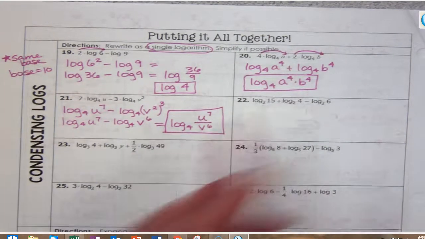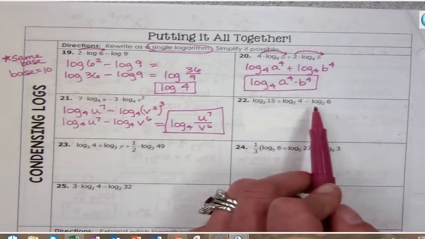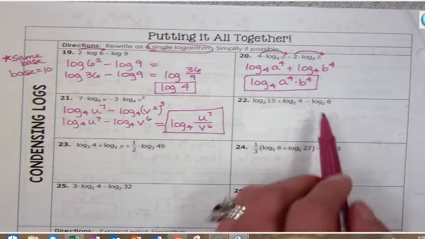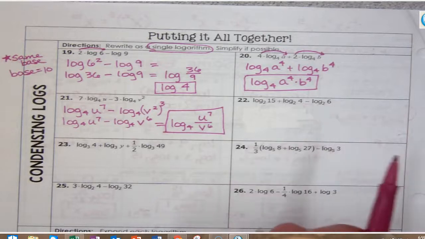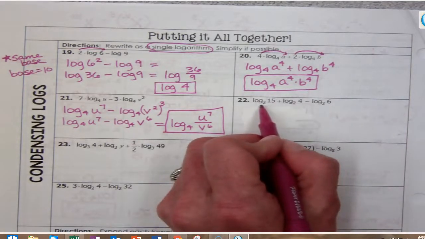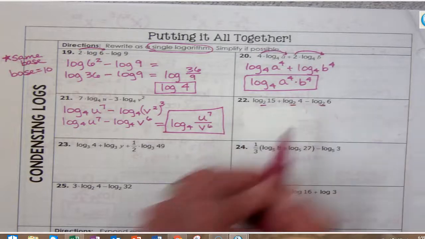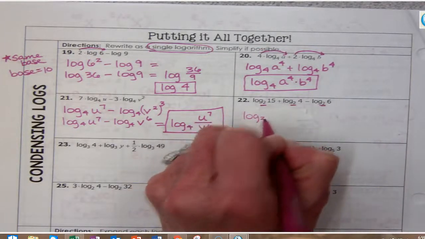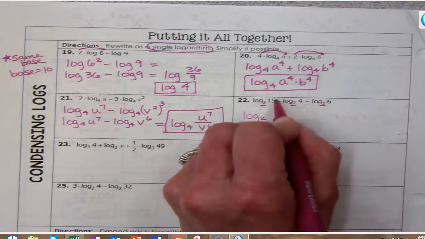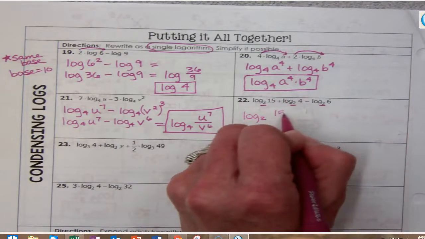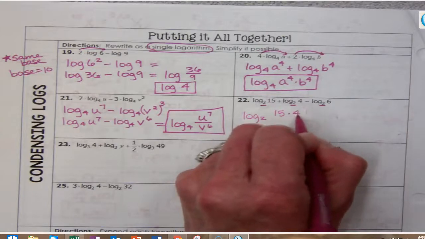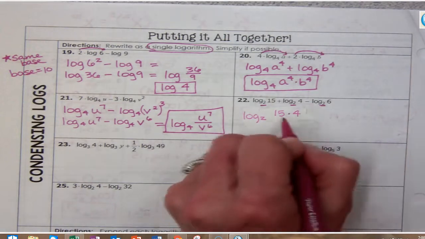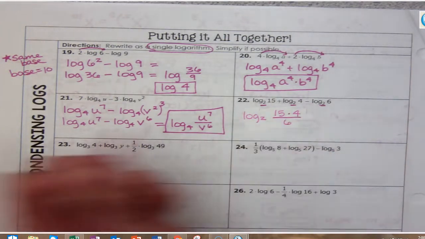Now we've got one where we're adding and subtracting. We know that when we add, we multiply, and when we subtract, we divide. But first, we need to make sure we have all the same bases, and yes, we do. So this is going to be log base 2 of 15 times 4, and then since I'm subtracting, I'm going to divide by 6.